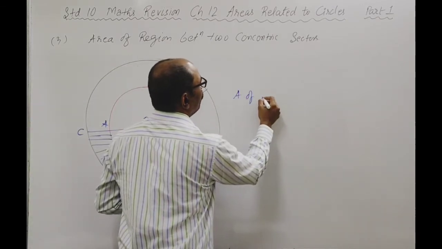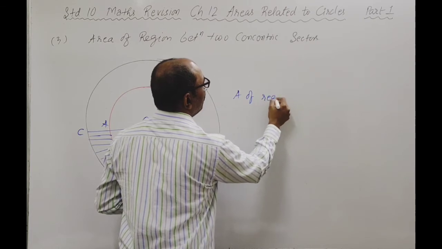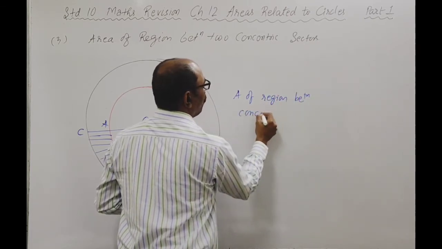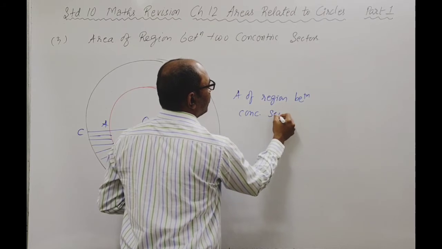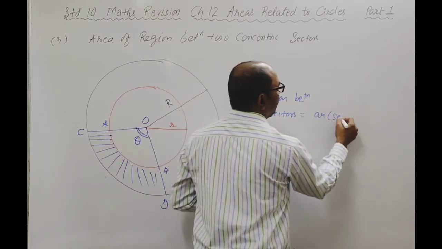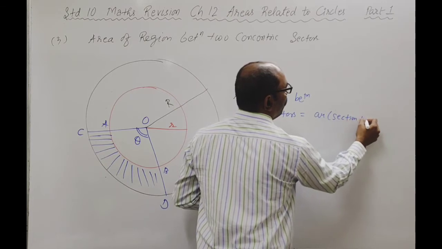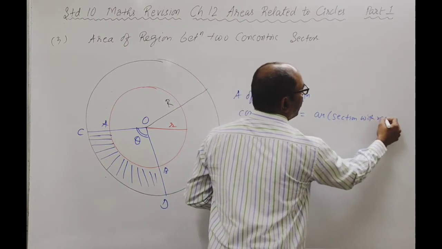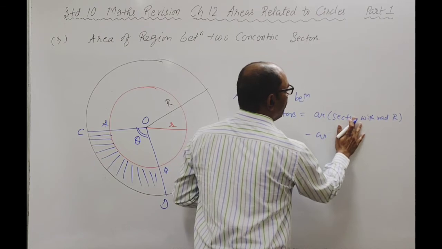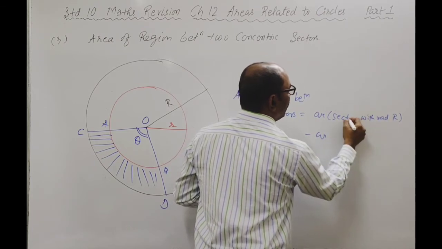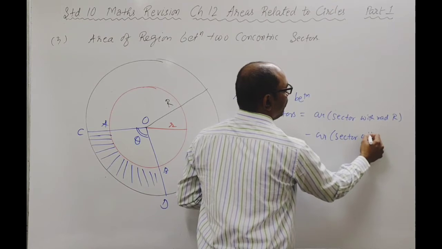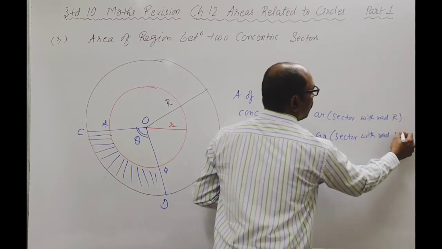Area of the region between concentric sectors is equal to the area of the sector with radius capital R minus the area of the sector with radius small r.